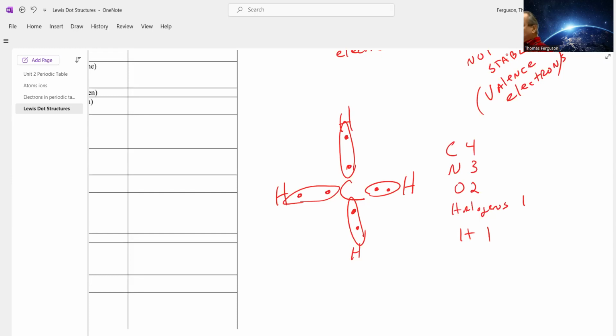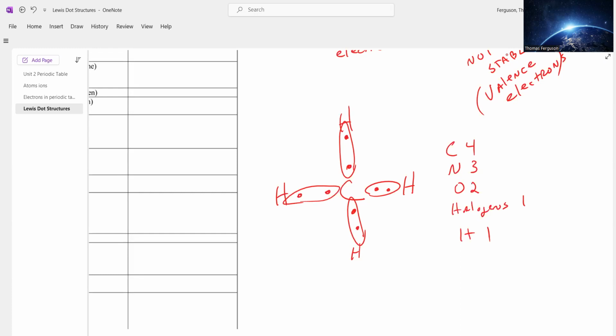Okay, so how many bonds does carbon have? Now, a bond is either sharing electrons or an electron has just been moved in, transferred in. So is this a bond? Yes. 1, 2, 3, 4. So how many bonds does carbon have? 4. Check mark. Okay. We don't have any singletons left over.